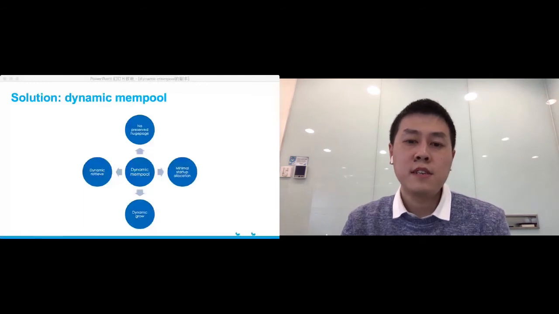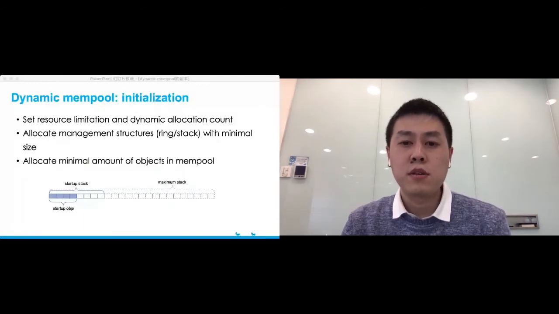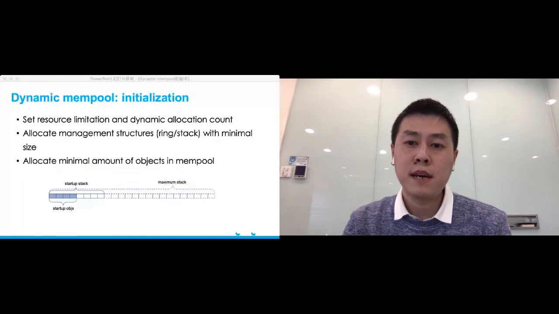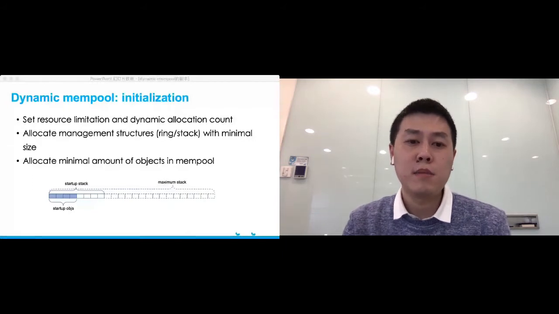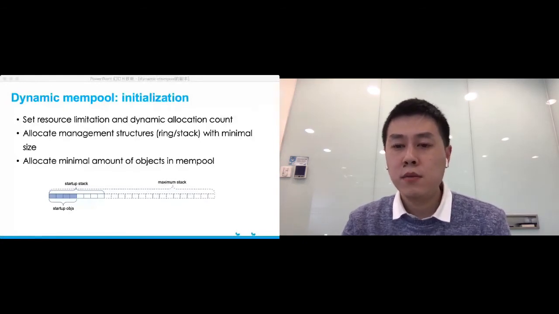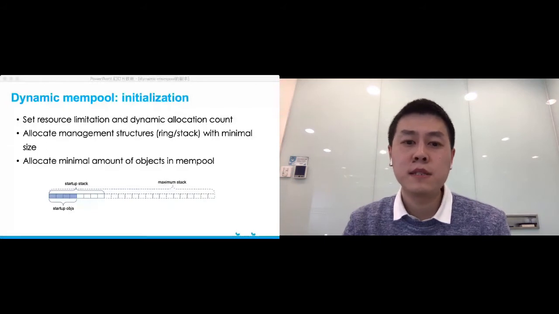During the initialization, we would set not only the maximum size of mempool, but also the initial size of mempool and the number of resource objects that would be allocated each time in dynamic mempool growth. Then we will not initialize the management structure such as the ring or stack with a size which could store the maximum number of objects.